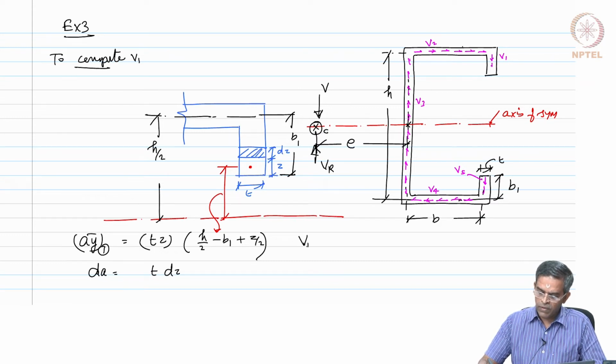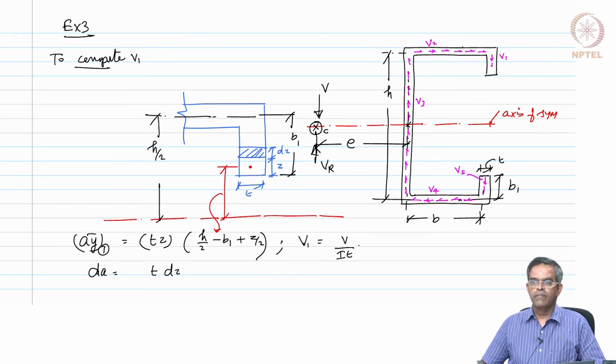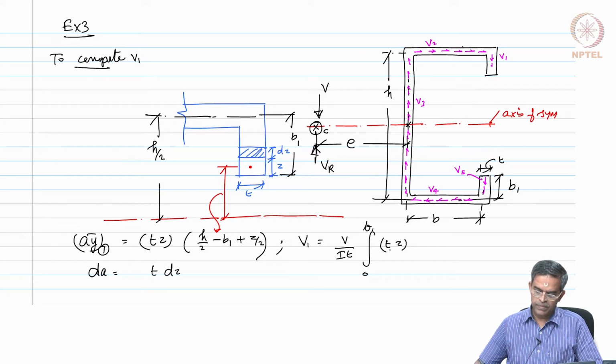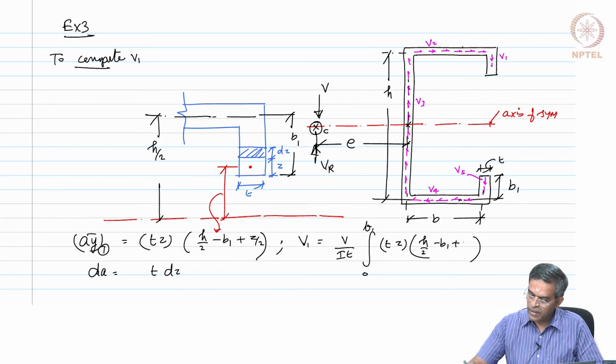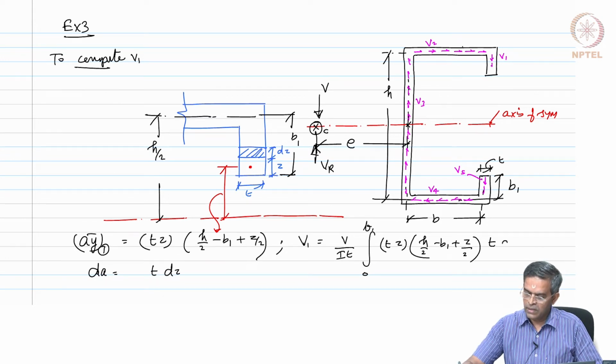So, I have the expression for V1, which will be V by I T, A y bar. The integral limits are 0 to B1 of T z, h by 2 minus B1 plus z by 2, of T dz.